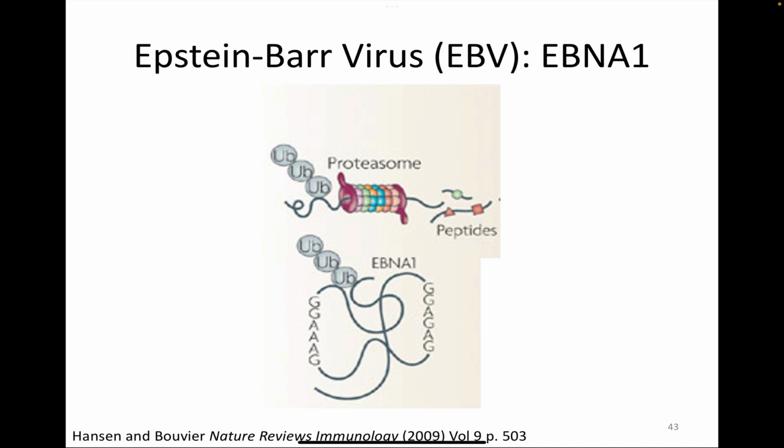It has a sequence that basically makes it unable to be degraded by the proteasome. And so it can't get proteolyzed, and its peptides can never get presented. So basically, you can imagine this protein is hiding from MHC class 1. It's pretty sneaky.